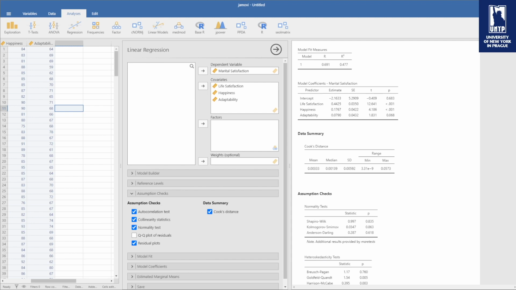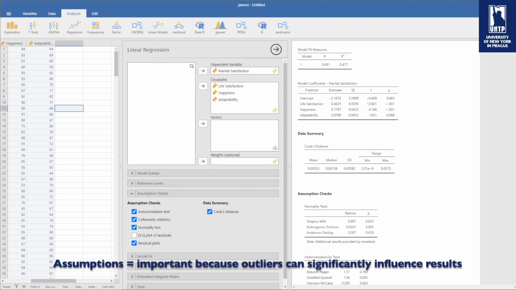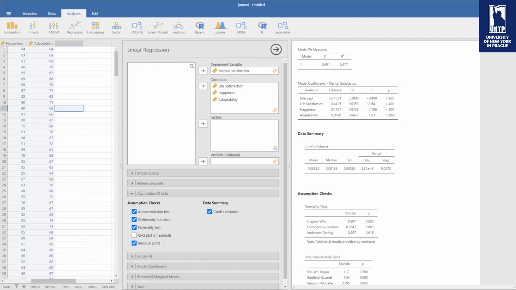In our case, it's good. It's 0.0573, and hence our assumption of outliers is not violated. Outliers can have a big impact on regression models by influencing our results. This is why we have these assumptions over here.